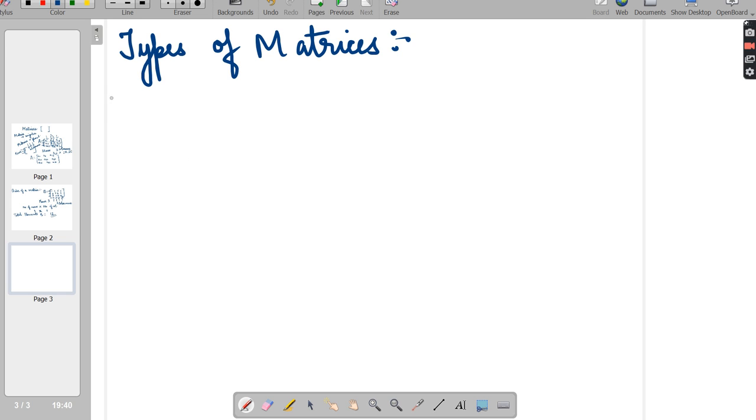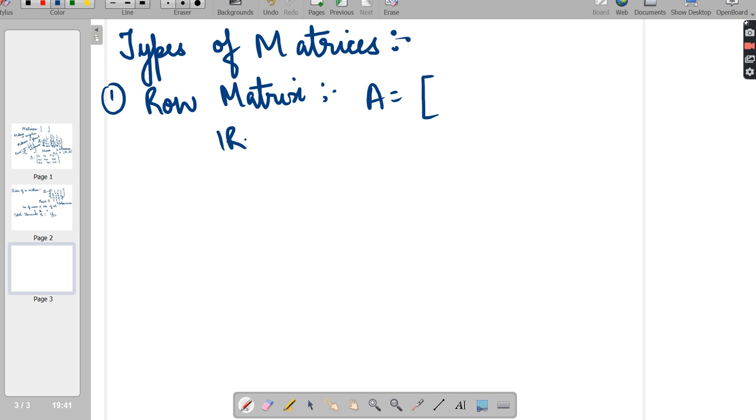Okay, now the first type of matrix you will find is the row matrix. This is the type of matrix where you will find elements in the single row. Means the matrix which has only one row and many columns. One row and many columns.